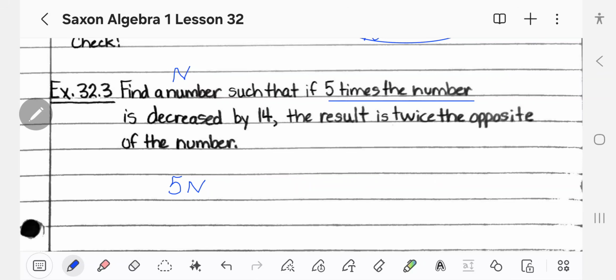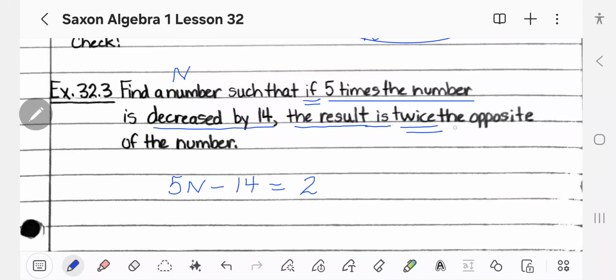Such that if 5 times the number is decreased by 14, the result. What do they mean by the result? Well, they're saying the answer, or that's what it's equal to. The result is, we'll put that all together for the equal to, twice, so we know we're going to be multiplying by 2.